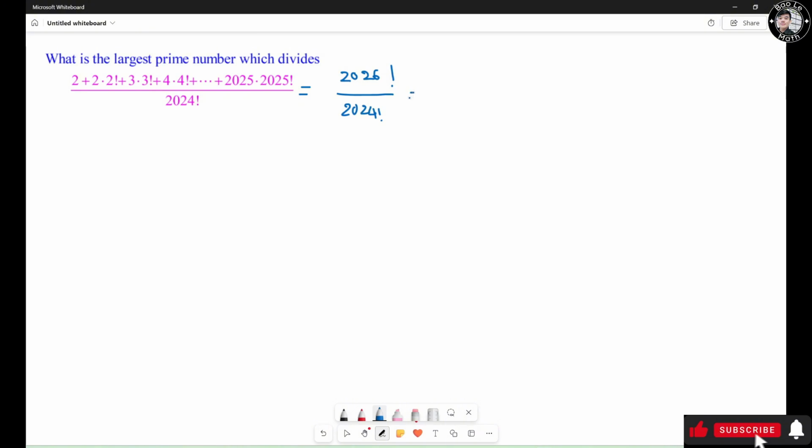Now I need to rewrite this as 2026 times 2025 times 2024 factorial, and the bottom is 2024 factorial, so those cancel out.